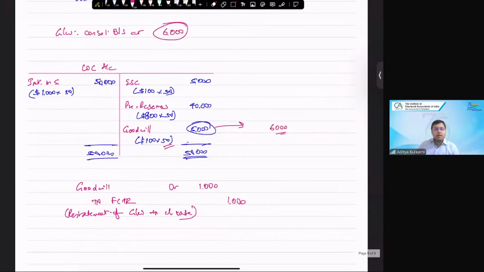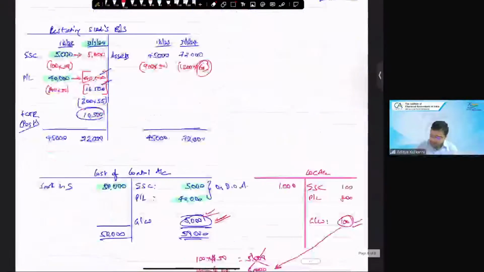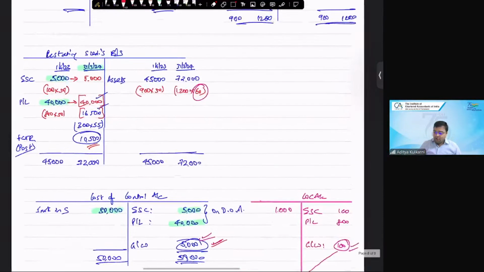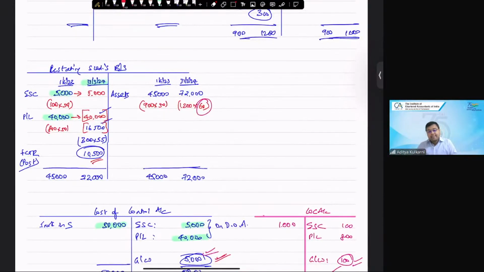Tell me one thing. The name you gave is FCTR. But is this FCTR of 1000 the same as this FCTR of 10,500, or is it in addition to 10,500? This is in addition to 10,500, because this is S Limited's balance sheet. S Limited's balance sheet does not have goodwill coming anywhere.